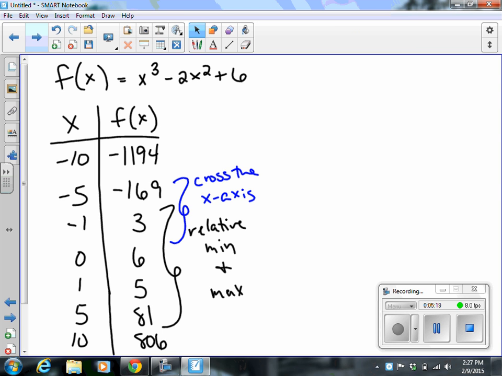To get a better idea of what is actually going to go on, I'm going to zoom in on those numbers. Now that I know that I'm going to zoom in between -5 and 5, I have an idea that the numbers are going to increase from -5 to -1, yes. So I'm not going to necessarily go with -5. I might start at -3. Same thing with between 1 and 5.